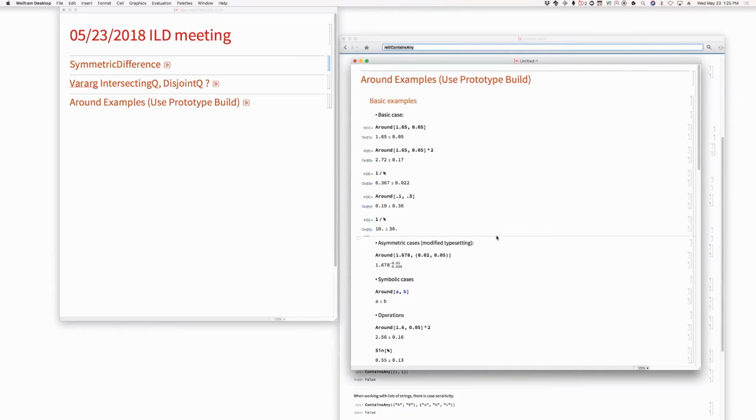Okay, all right, let's keep going here. So how do you feel about the name Around? Are you happy with it at this point? I'm used to it. It's a good first approximation.